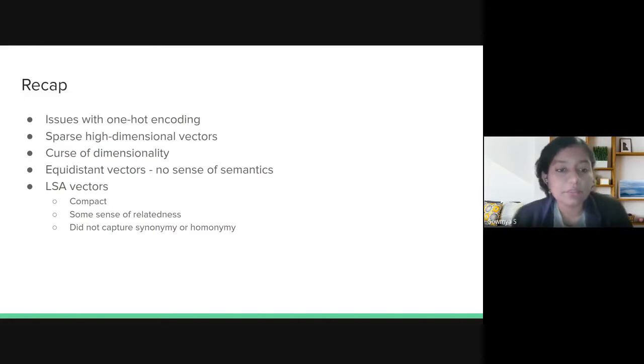As an improvement, there were the LSA vectors that dominated in the 90s, which were compact, so we didn't have these huge sparse vectors, and had some sense of relatedness, but did not capture synonymy or homonymy. Synonymy means multiple words having the same meaning, and homonymy means a word having multiple meanings.